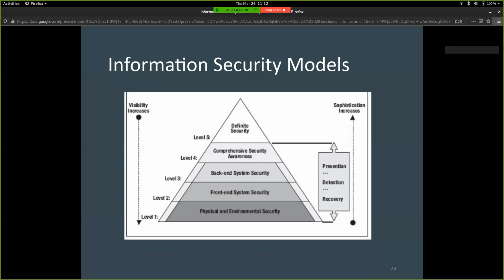Level two is thinking about front-end system security, like passwords. And you can see down the left that the visibility increases. It's very highly visible at level one, the things that are obvious that we mostly see as consumers, but they're not all that sophisticated, right? As we move up to level five, these things are not visible to the common end user or to bad actors.